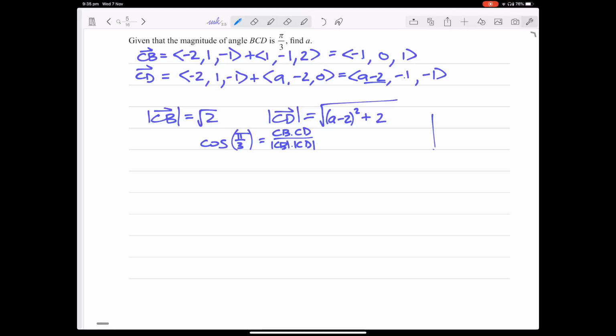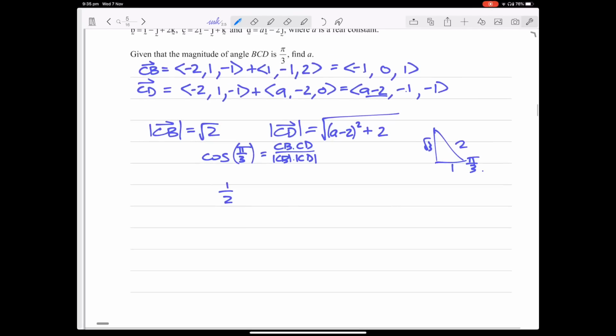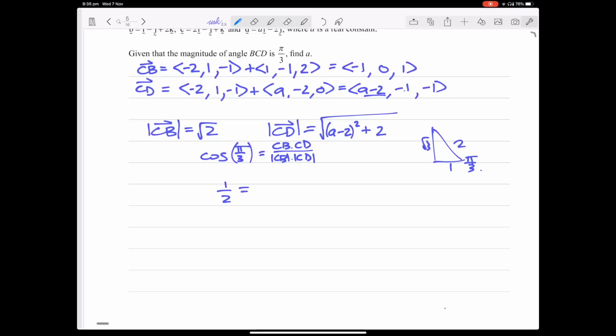Cos of pi on 3 is a half. So we get a half is equal to CB dot CD. That's going to give us 2 minus a, because when I times that by negative 1, 0, and then minus 1, on the square root of a minus 2 squared plus 2.